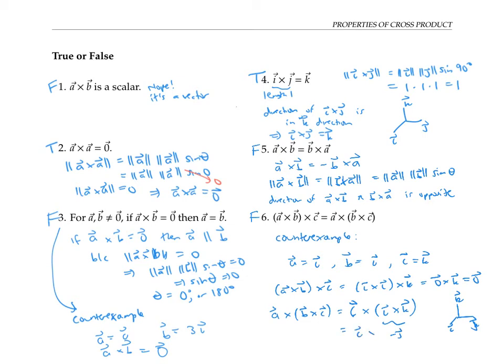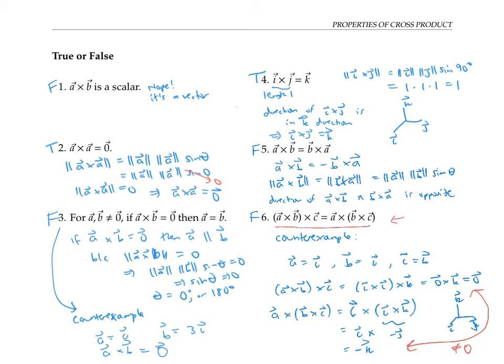So this is going to be i cross negative j, which is the same thing as minus k. So these two vectors, minus k versus 0, are not equal. And so this is a counterexample to this property.